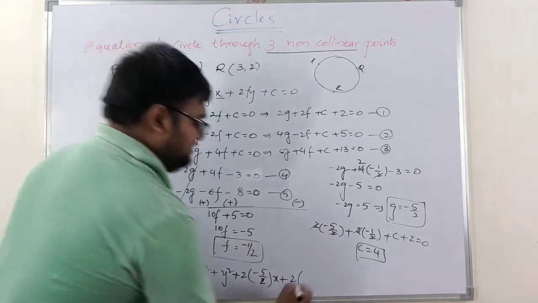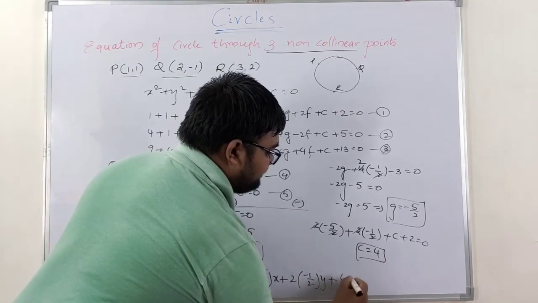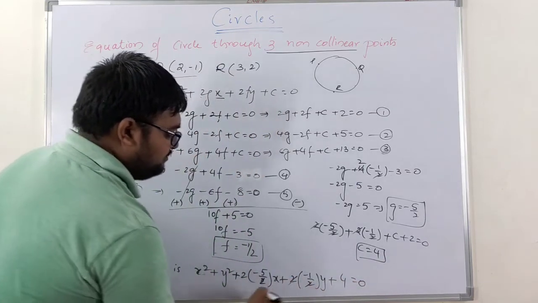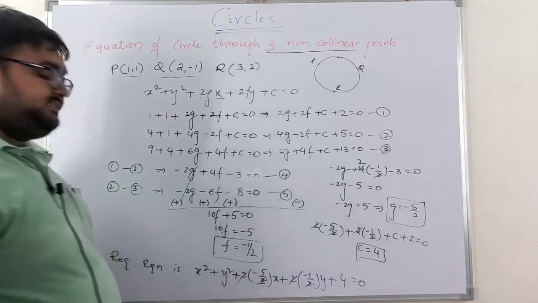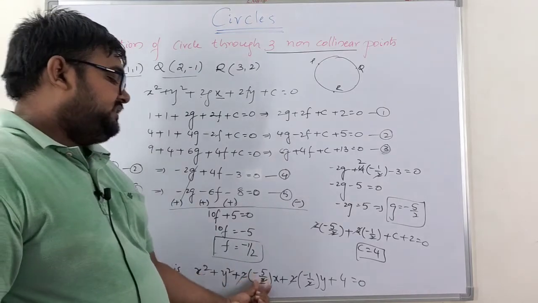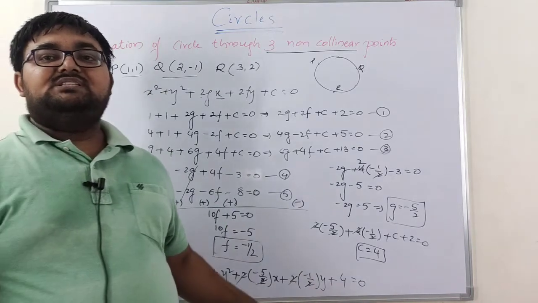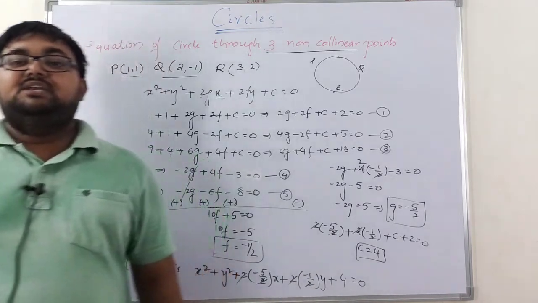So what is f here? Minus half into y plus the c value is 4, which is equal to 0. 2 gets cancelled, here also 2 gets cancelled. Then finally the answer is x square plus y square minus 5x minus y plus 4 is equal to 0. So this is nothing but my required equation.